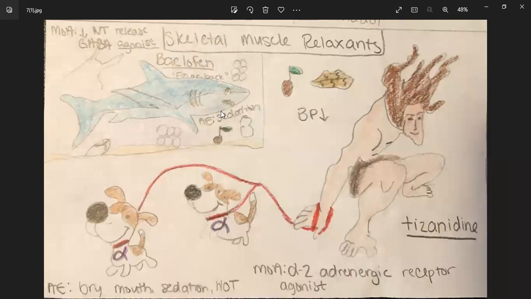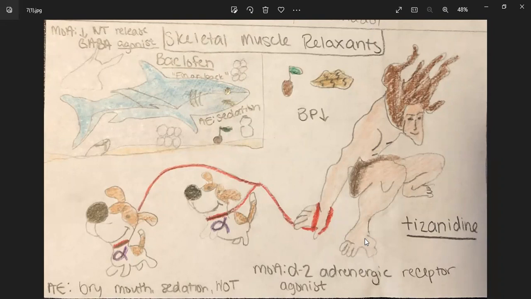So baclofen, if you remember, is a shark with a fin on its back, and the shark is swimming in garbage. So this is going to decrease the neurotransmitter release of GABA. So it's a GABA agonist. And then adverse effects are sedation.